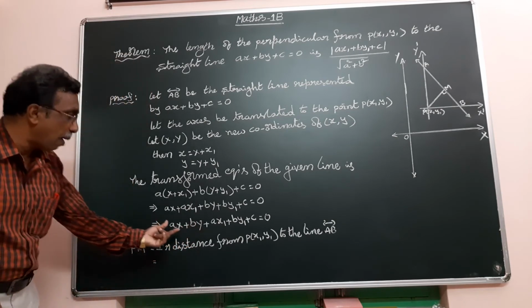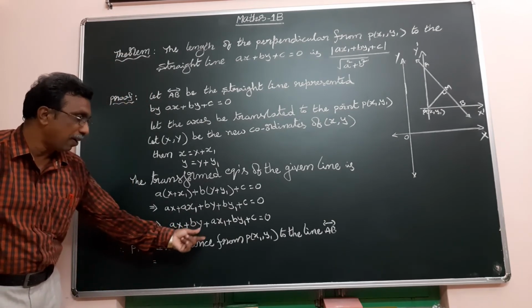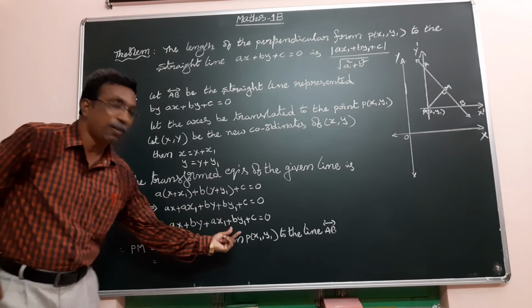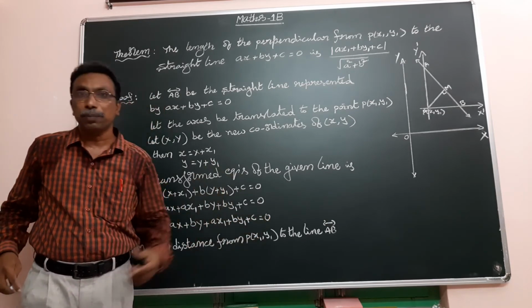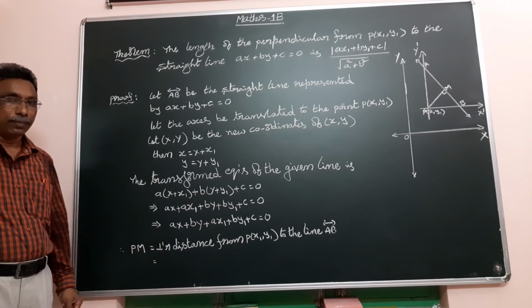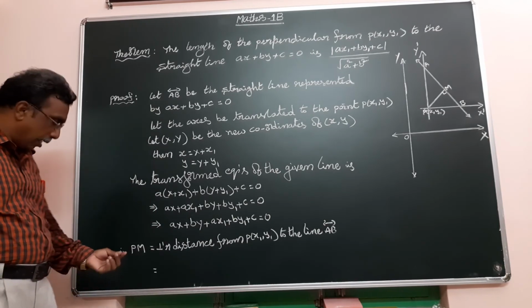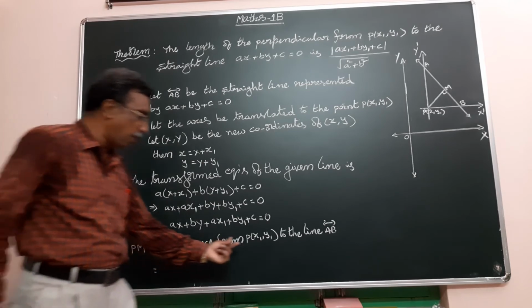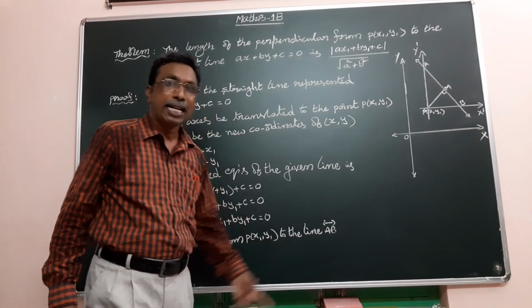The transformed equation: a capital X plus b capital Y plus a x1 plus b y1 plus c equal to 0. This is the transformed equation. Now we find PM, the perpendicular distance from P of x1 y1 to the line AB.